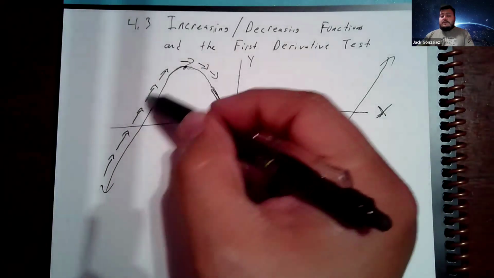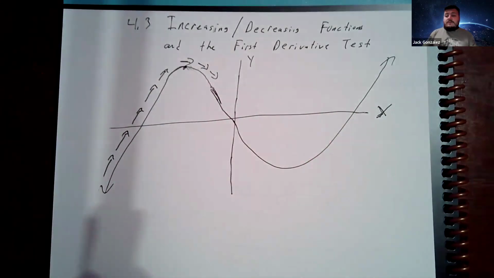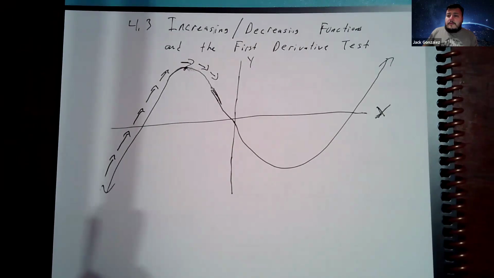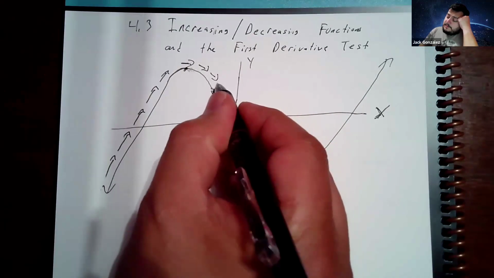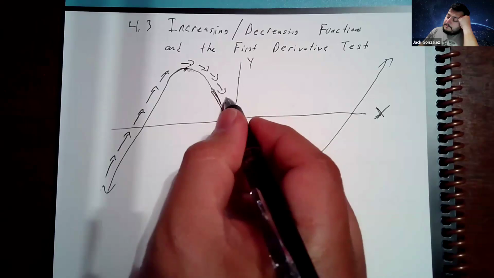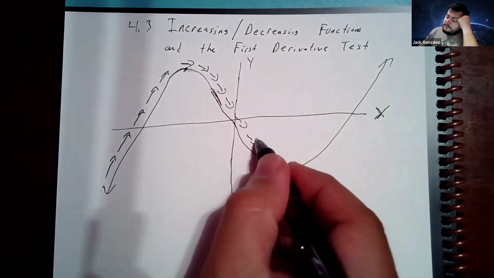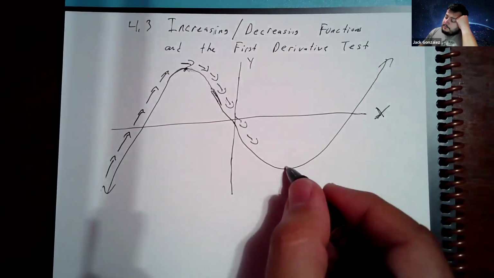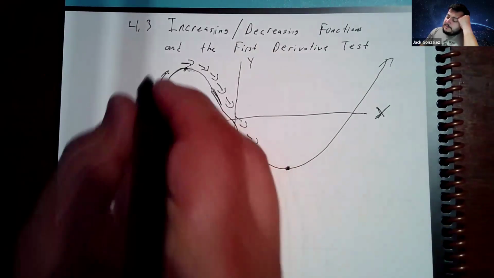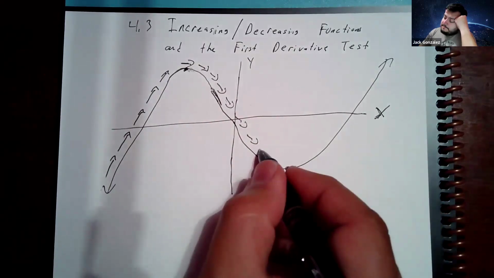Over here we have positive slopes, negative slopes. Using derivatives, we can tell where exactly our slope is going to be decreasing. So these peaks and valleys would be our critical numbers.